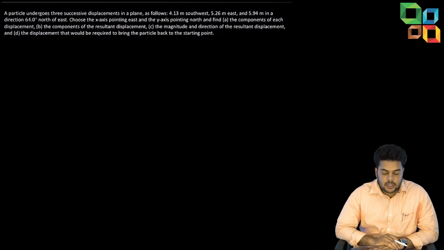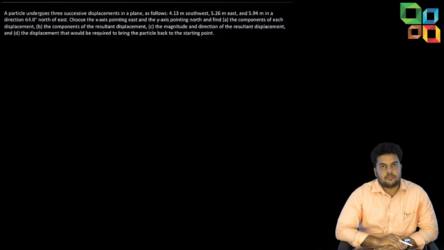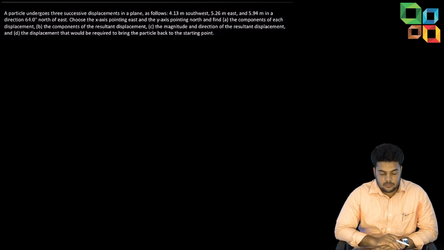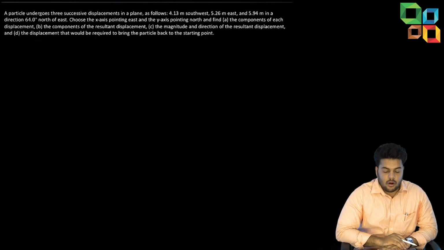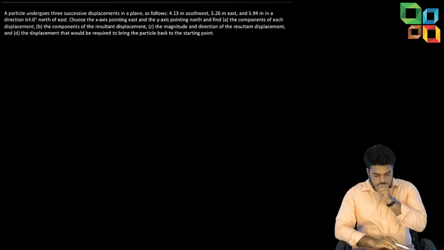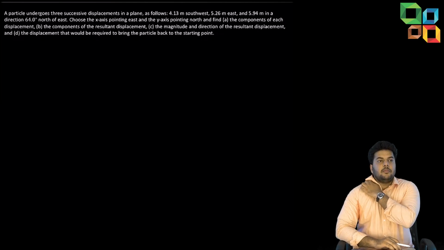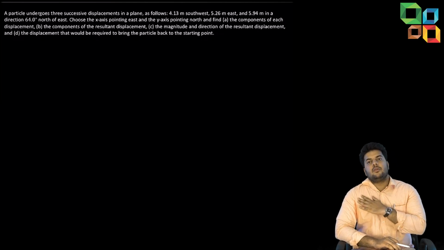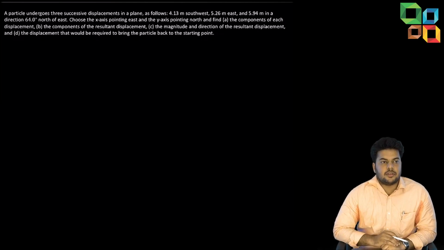Choose the x-axis pointing east and the y-axis pointing north. Find the components of each displacement. The components of the resultant displacement. I'm going to do the B part, okay? You figure out A and C parts of this question.